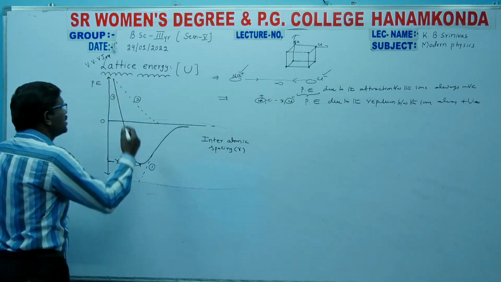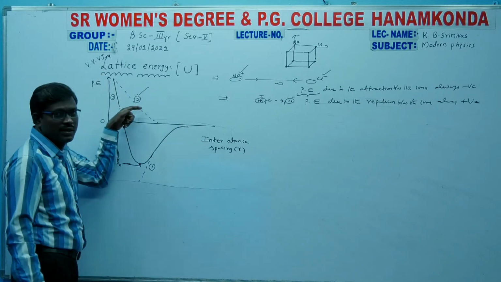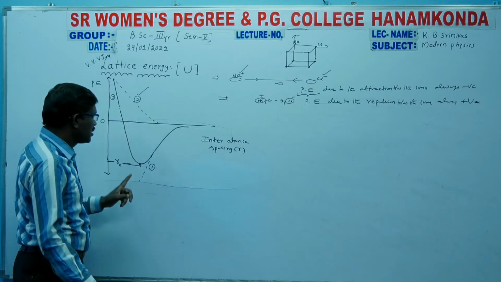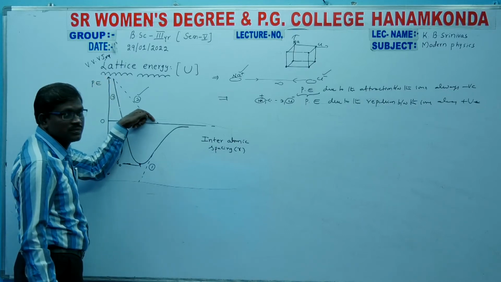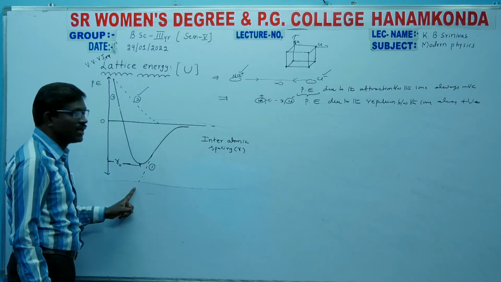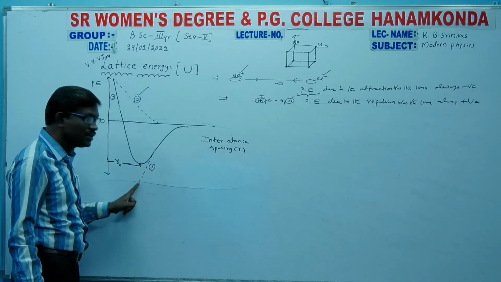What is the second curve? The second curve represents the potential energy due to repulsion force. This is positive. Curve 1 represents potential energy due to attraction between the ions, and it is always negative.